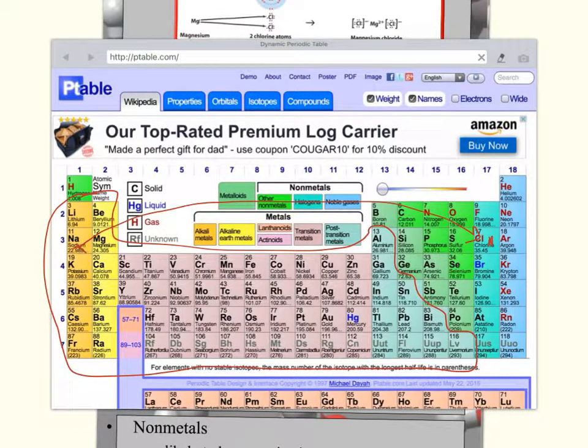These are our nonmetals over here, this whole group. We have some metalloids in here too. The only exception to this rule is hydrogen. Hydrogen is a nonmetal, and like H2O, when hydrogen and oxygen bond, that's actually called a covalent bond because it's a bond between 2 nonmetals. So we'll get into that in the next video.